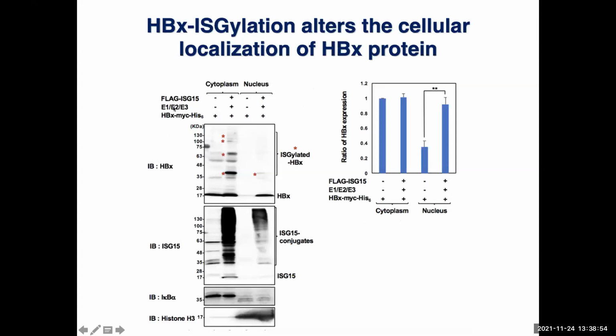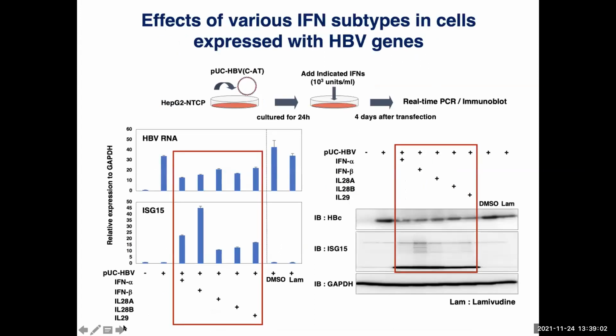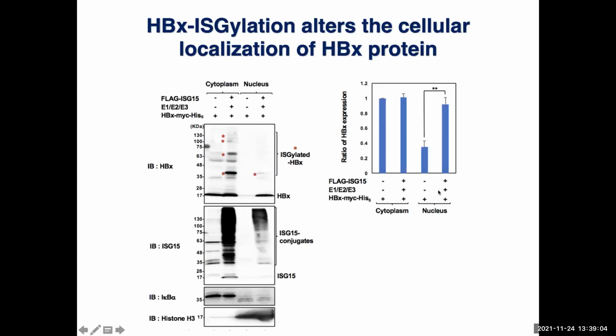And when we put in the ISGylation machinery, nuclear localization of HBx protein was elevated compared to the absence of ISGylation. So this data suggests that ISGylation of HBx may be important for nuclear localization of HBx protein.